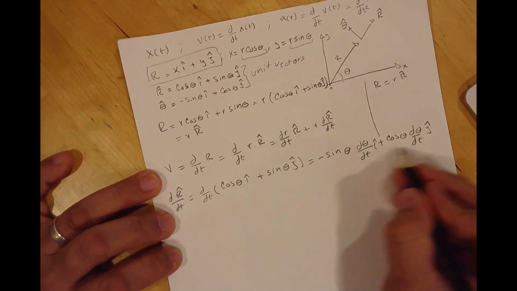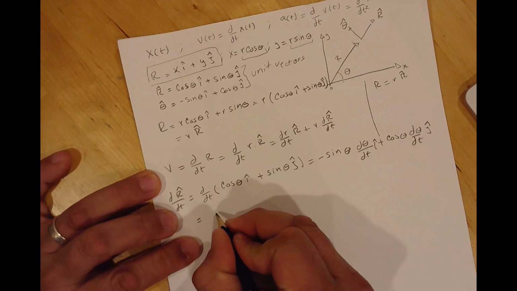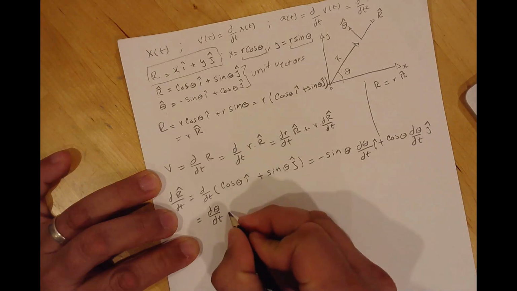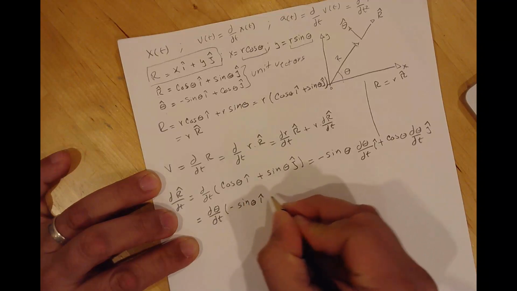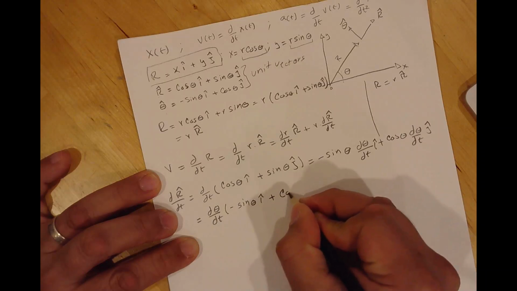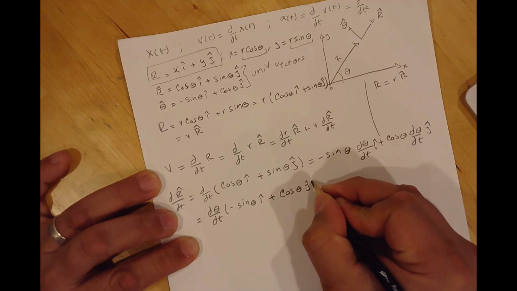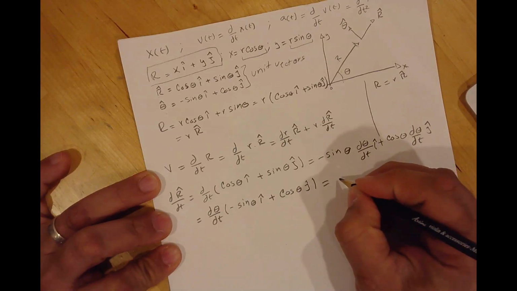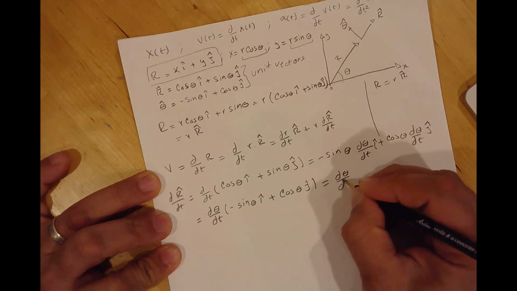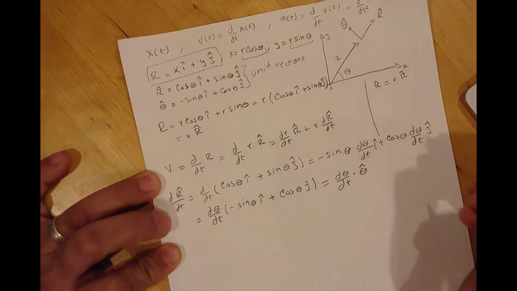If I take the common factor, I will have the derivative of theta with respect to t multiplied by minus sine i plus cosine j, or in other words, the derivative of theta with respect to t multiplied by the unit vector theta.